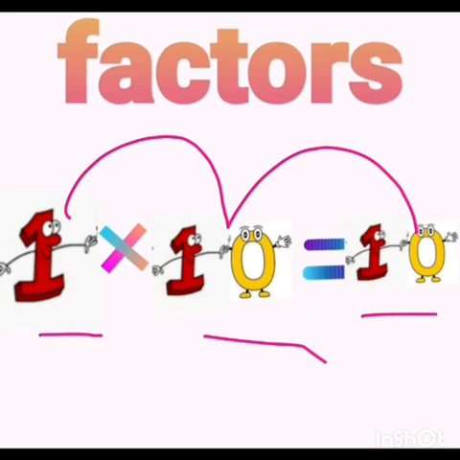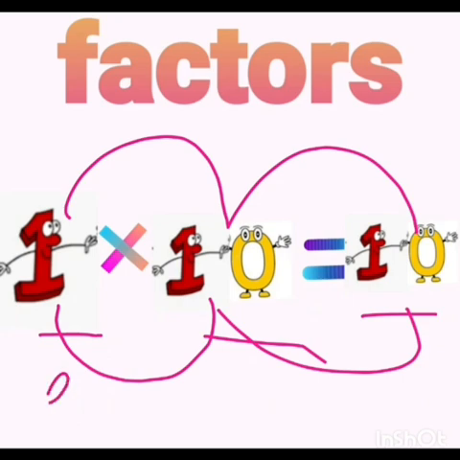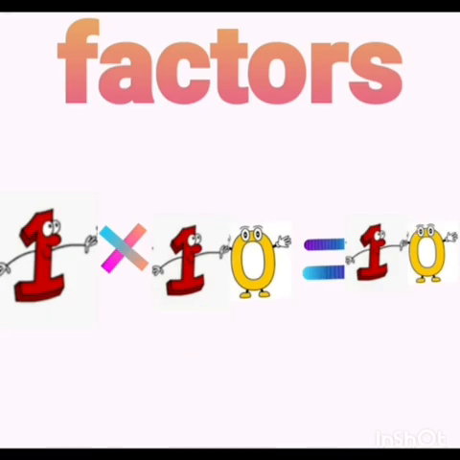So 1 is a factor of 10. Also 10 into another number gives us 10. So 10 is a factor of 10. So children, we saw that 2 is a factor, 5 is a factor, 1 is a factor and 10 is a factor. So we have got so many factors of 10.